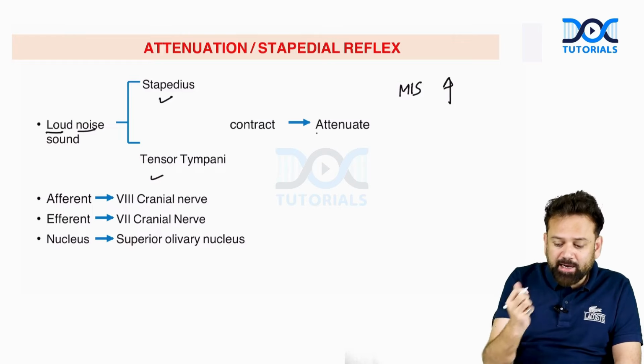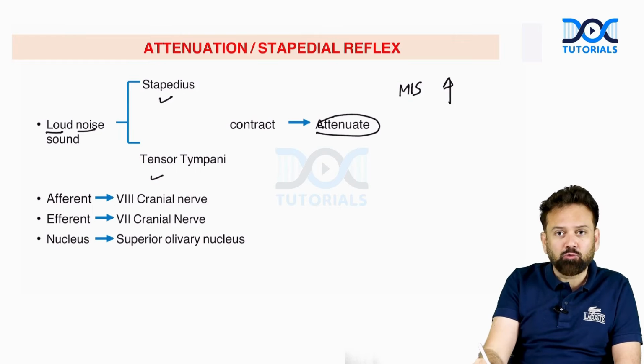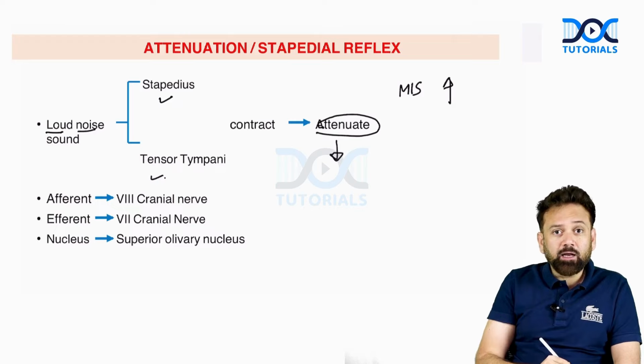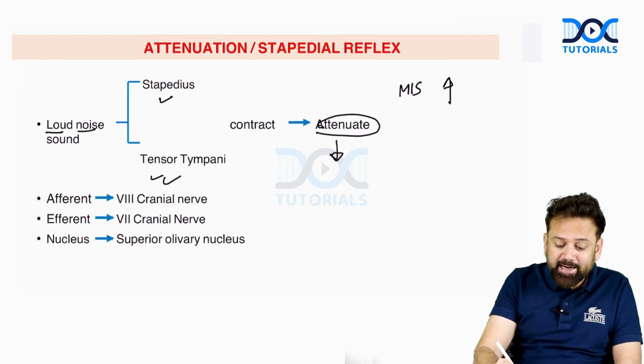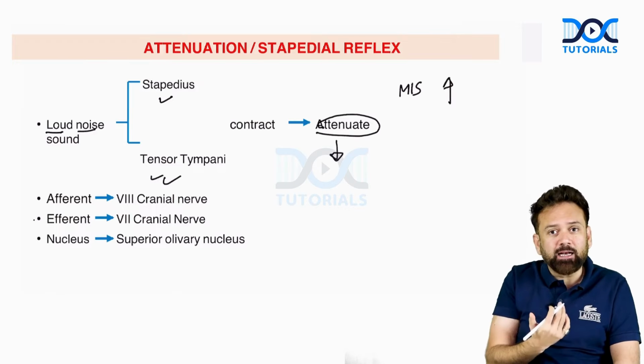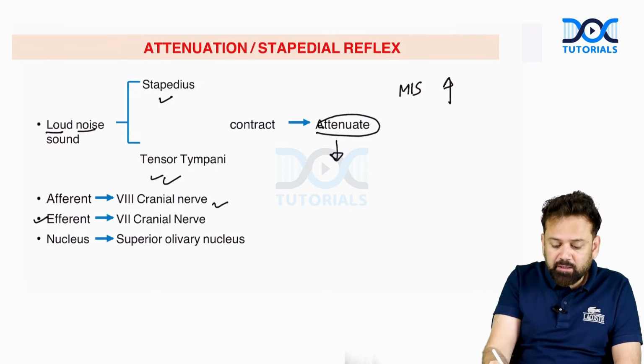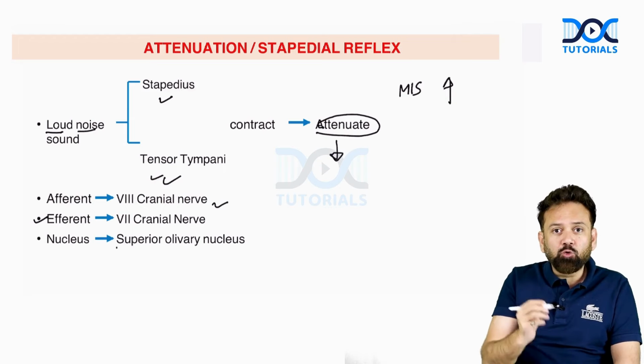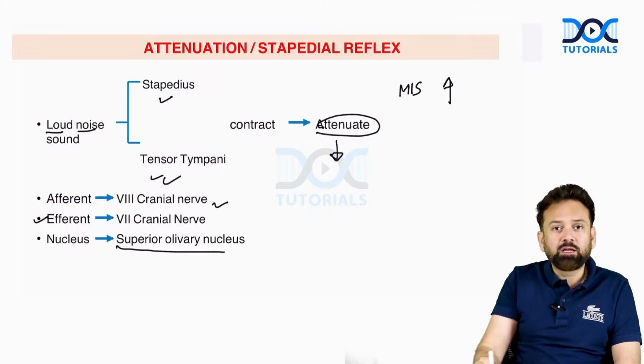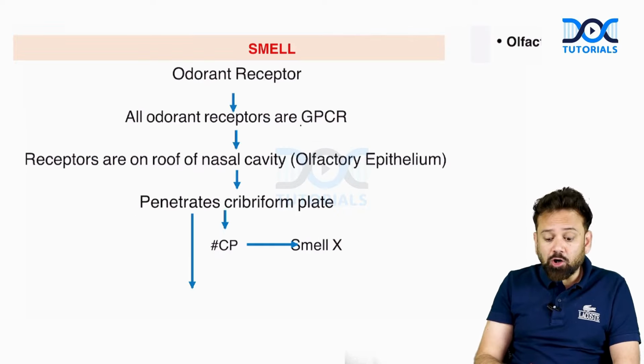And when they contract, they will attenuate the sound. They will decrease the sound. And who is the afferent? Eighth cranial nerve. The sound is coming from the eighth. Stapedius will be contracted by which nerve? Facial nerve. Efferent is facial nerve. And who is the nucleus? Superior olivary nucleus.